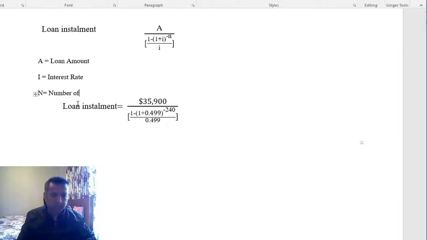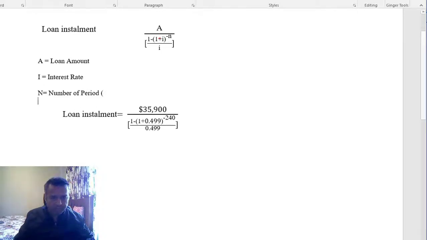number of periods. So if N is 20 years, then it will be 20 multiplied by 12, which is 12 months, so it will be 240 months.